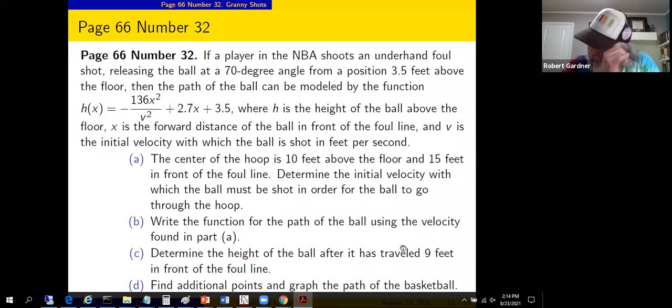Okay, another one that's a real world problem. The problem with real world problems is the numbers can be messy.